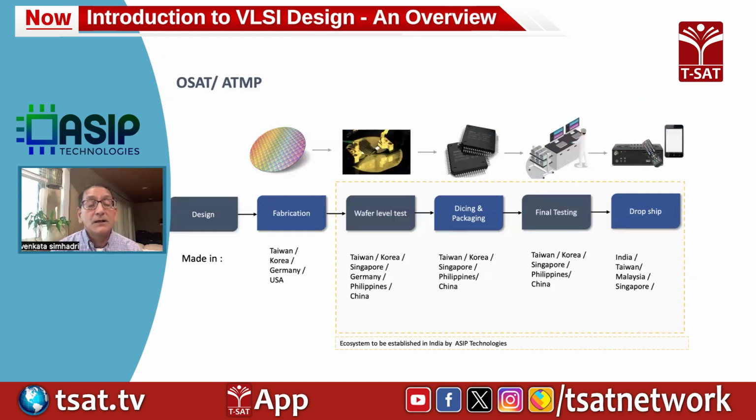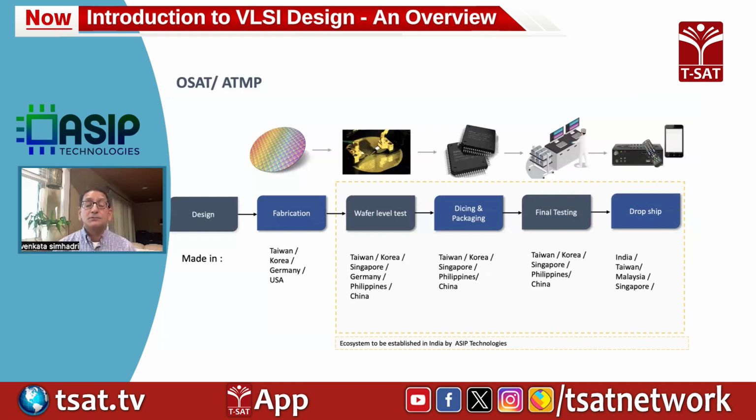Once the wafer comes back from the fab, the first thing you do is wafer level testing before you cut them into individual dies. You use a probe card that goes and sits on each chip and sends some test vectors to the chip and observes the output to identify the defective chips.